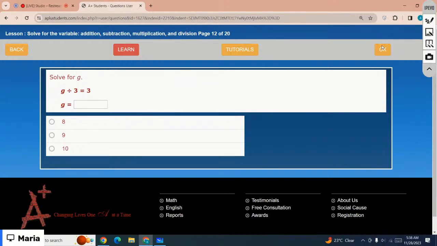G divided by 3 equals 3, which is the correct option? Opposite to division is multiplication, right? Very good. G equals 9. The correct option is 9.